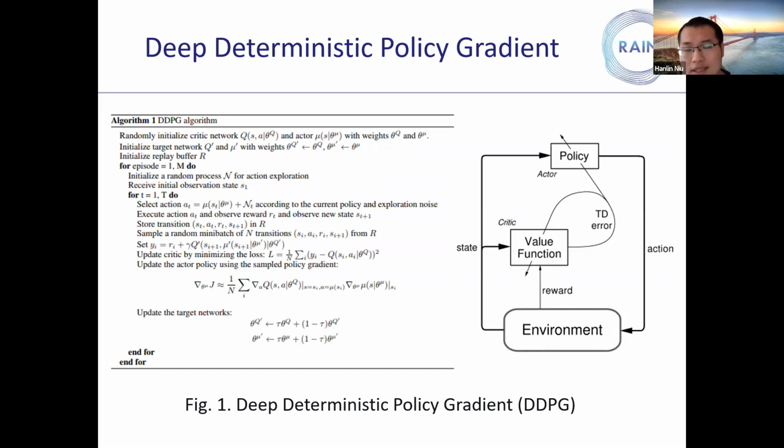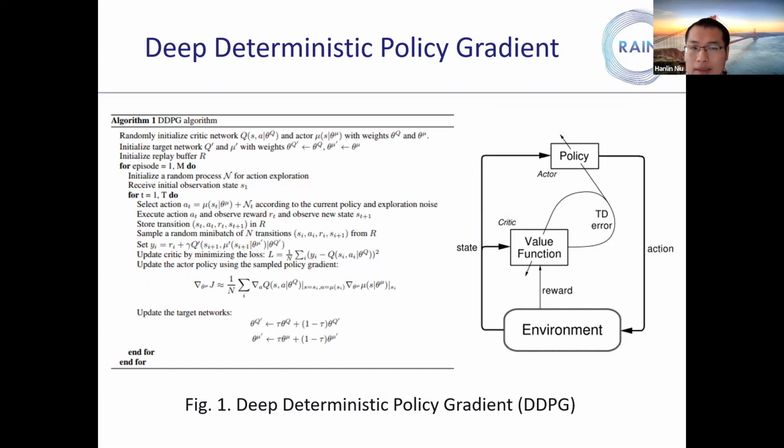This is the pseudocode of the DDPG algorithm. The left side shows each step of DDPG. The right side shows the overview of DDPG. DDPG is one of the deep reinforcement learning algorithms that generates continuous outputs for the control command. It's different from DQN, which was used for AlphaGo to help computers beat humans in the Go game.